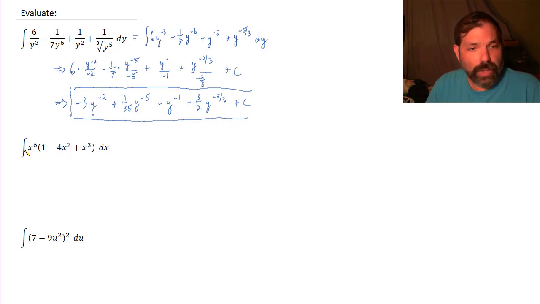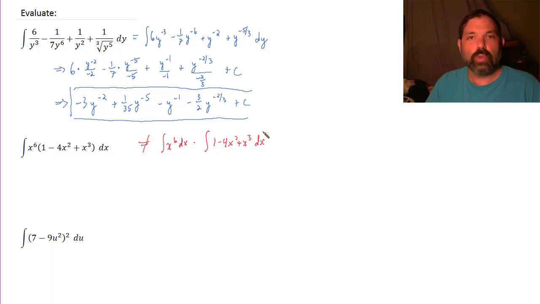All right, now we have the integral of x to the sixth times 1 minus 4x squared plus x cubed dx. One thing to be very careful about. We are not allowed to write this as the integral of x to the sixth dx times the integral of 1 minus 4x squared plus x cubed dx.